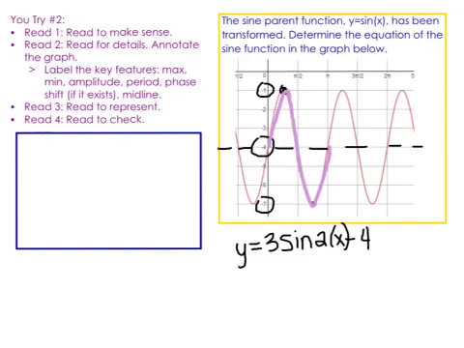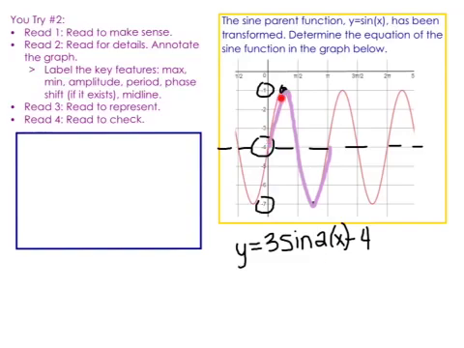So here is our one cycle of our sine function, and we see that it wasn't reflected over the x-axis. So we know our a is positive. There's no kind of reflection. And then this 2 has to do with our b, and our b refers to our period.